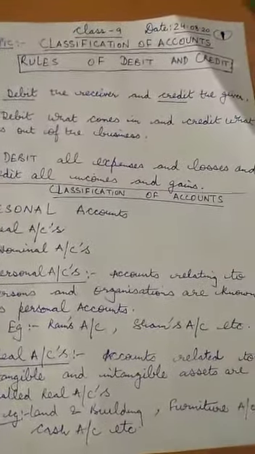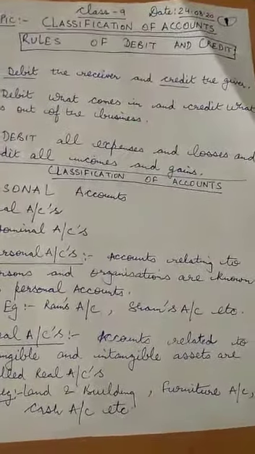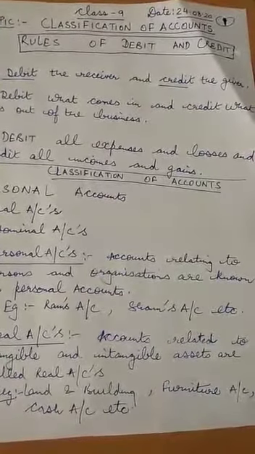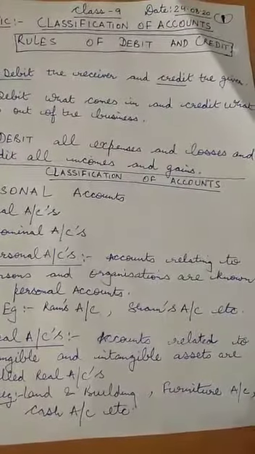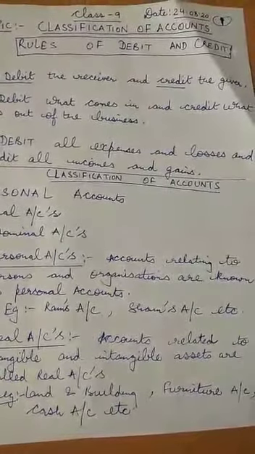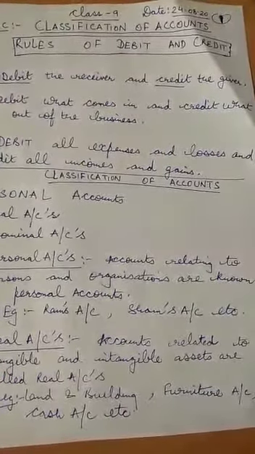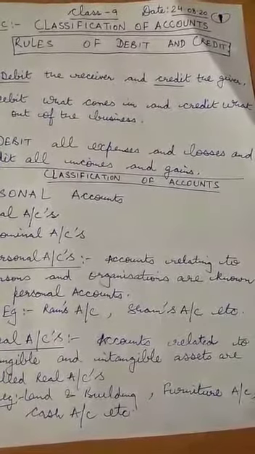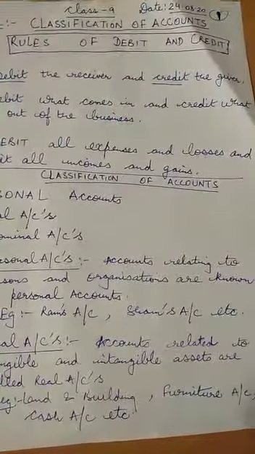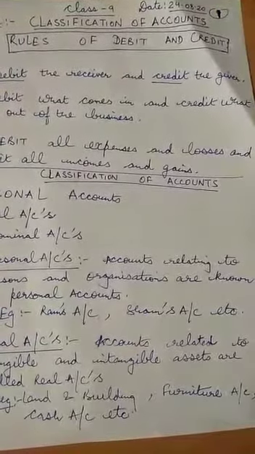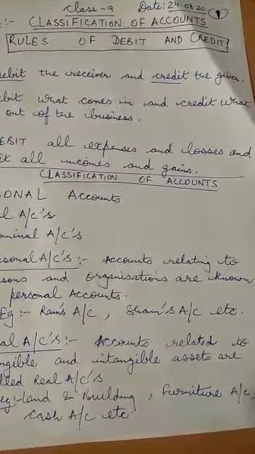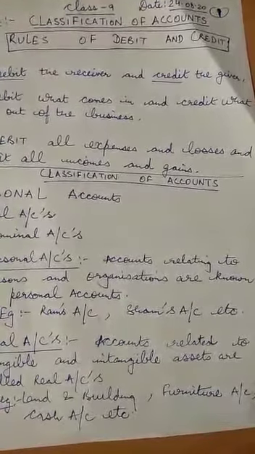Now moving on to another category of the impersonal accounts, that is the nominal accounts. Children, nominal accounts are the accounts which are related to expenses, losses, income and gain. For example, wages account, rent account, salary account, interest account, etc.